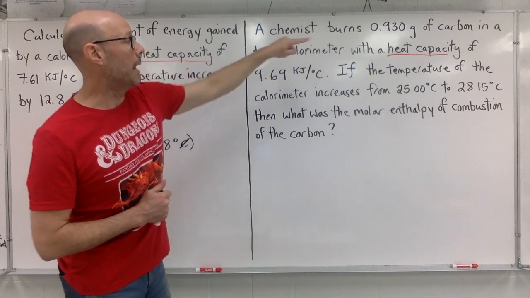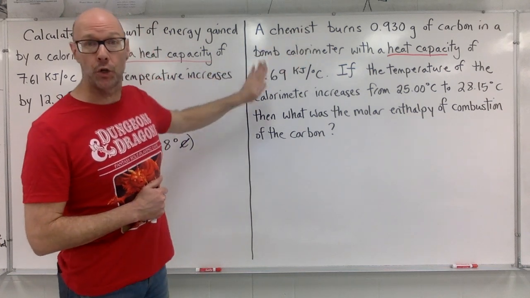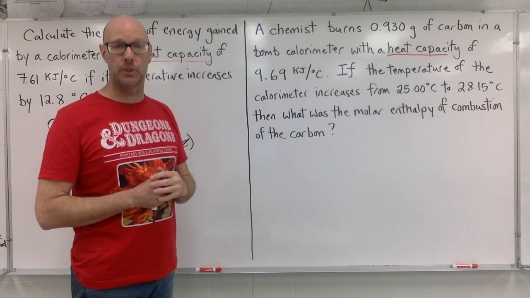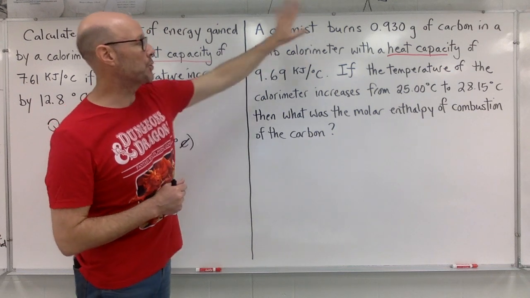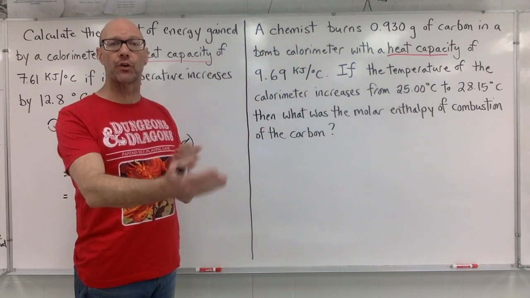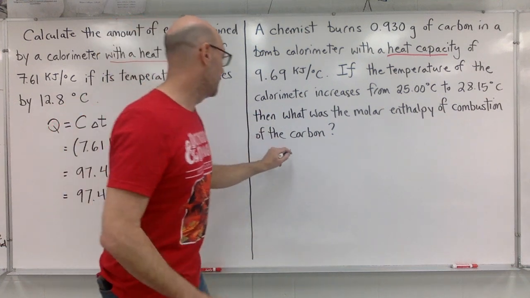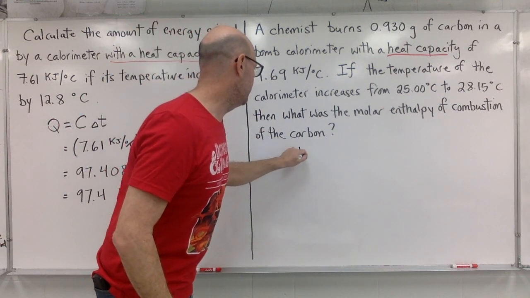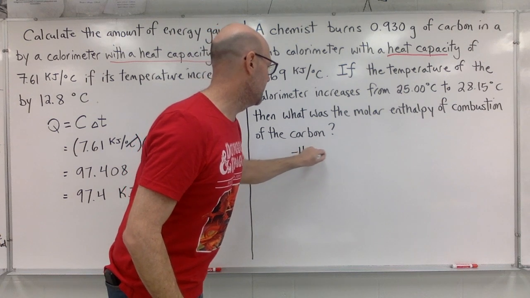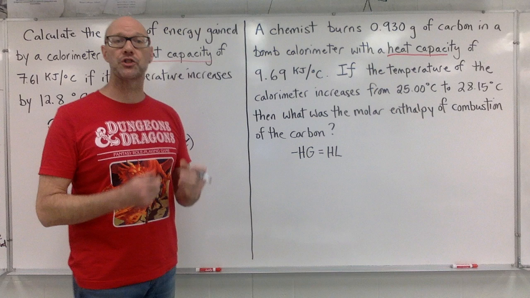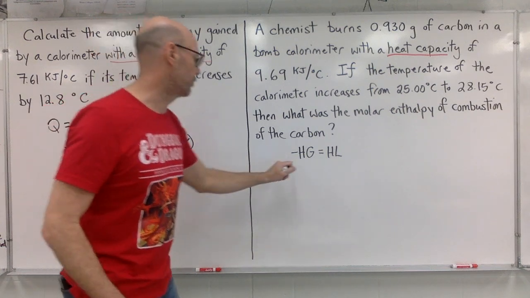So there's a language cue and something about the units to let us know we're in a bomb calorimetry style question. And this one is about the energy transfer. We have numbers about two different things. So we have negative heat gained equals heat lost. It's a calorimetry question. It's an energy transfer.